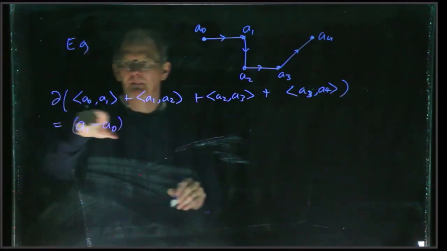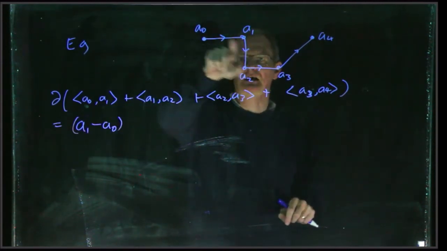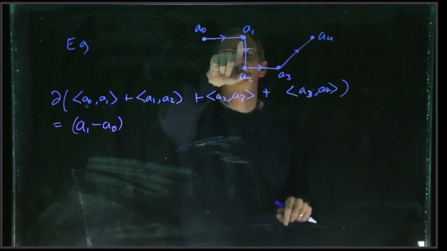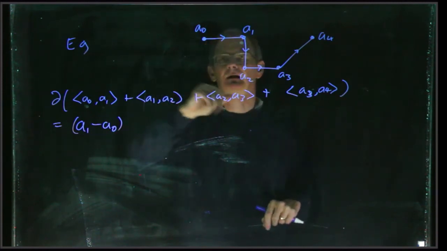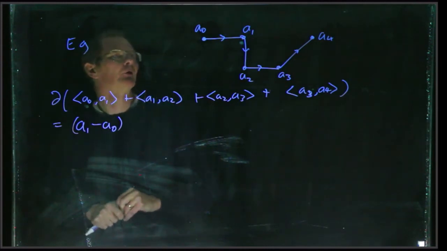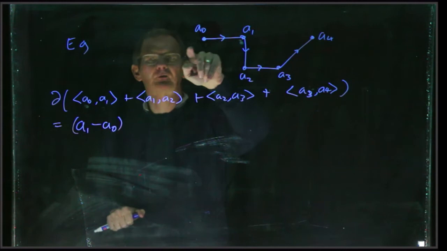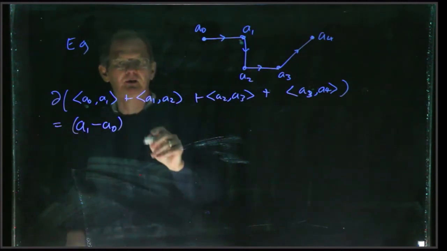So that's the boundary of this edge, which consists of A1 and A0. It's just a little question about how we do the sign rule. The sign rule is that this arrow is going into A1 and out of A0, so you get a plus A1 and a minus A0.